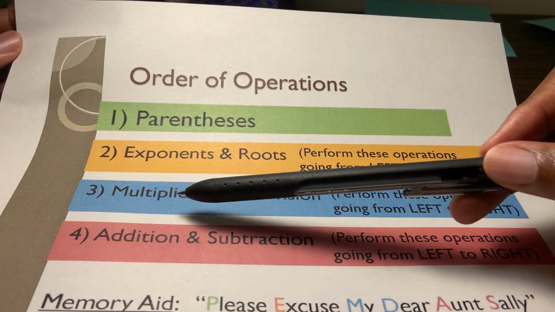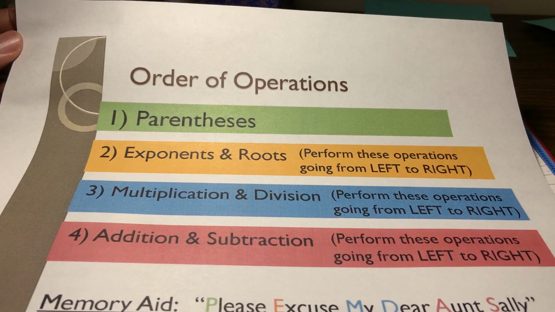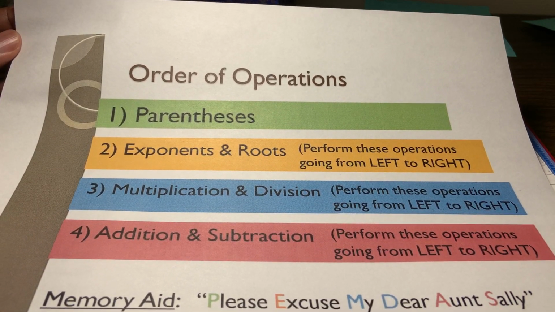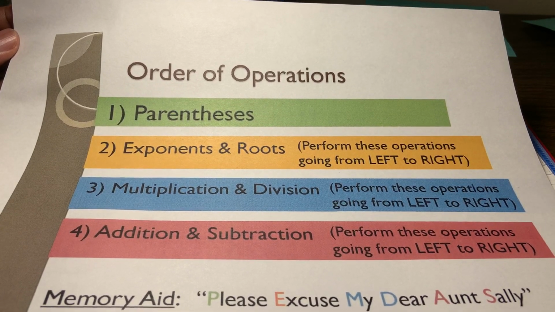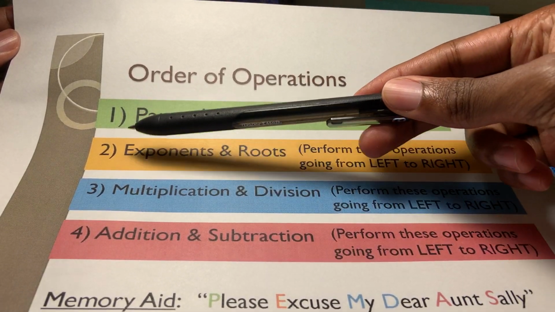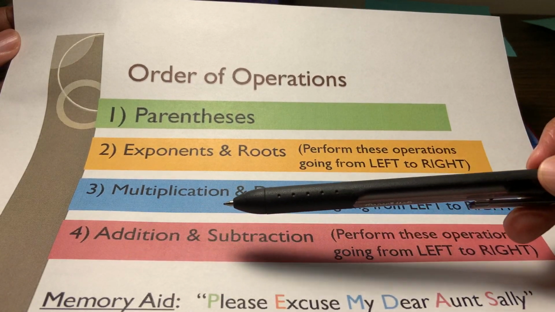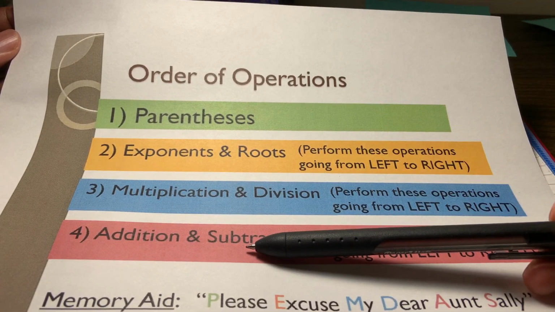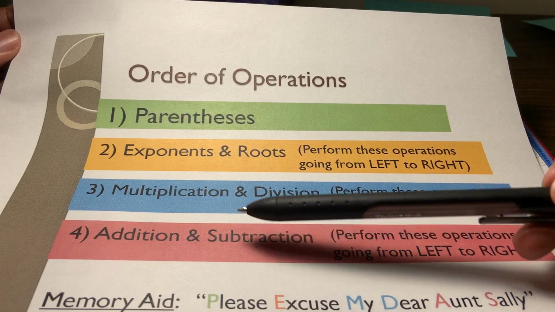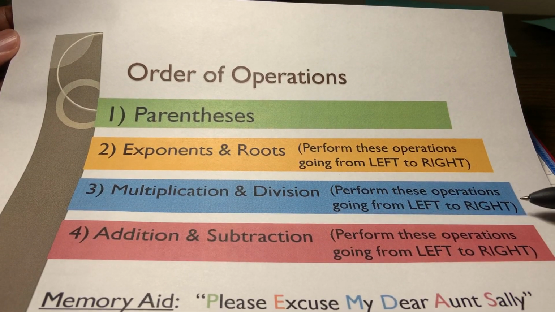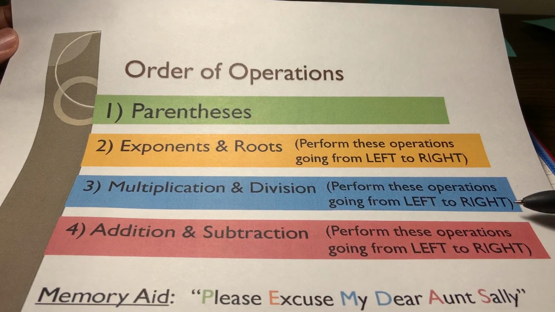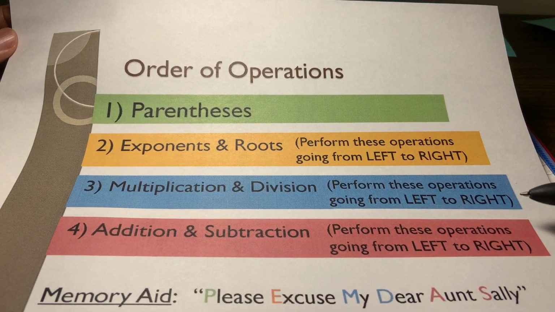I like to call these operations brother and sister. They're related to each other. Okay? So very simple, ladies and gentlemen. PEMDAS is not 6 steps. It's only 4 because the operations that are inverse or opposite to each other, we perform those operations going from left to right.